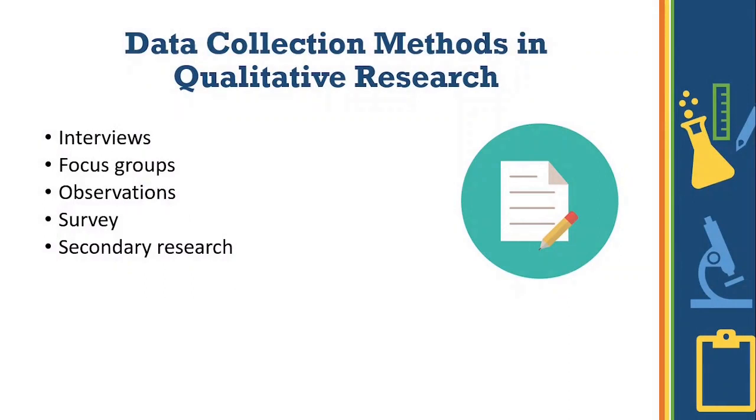Mostly, these are some of the common methods that I've listed here. Interviews is one of the common ways that data could be collected, where a researcher can personally ask the subjects of the study questions in a one-on-one conversation.